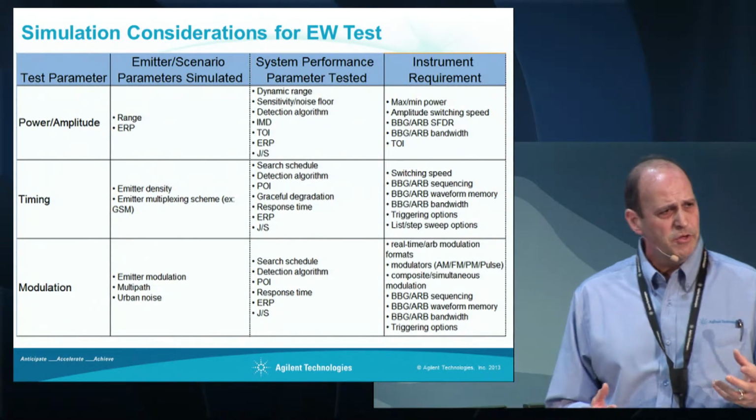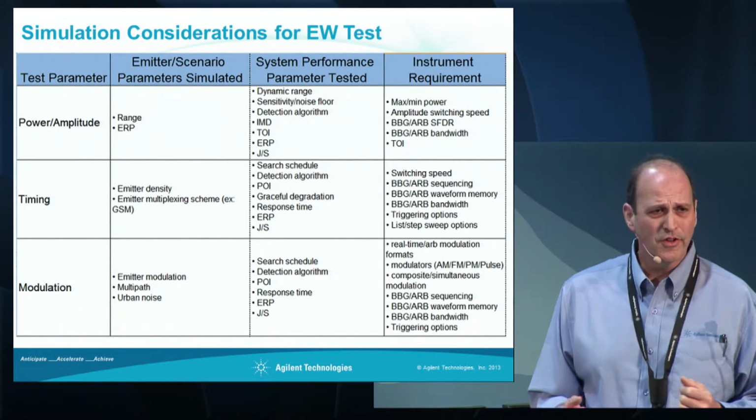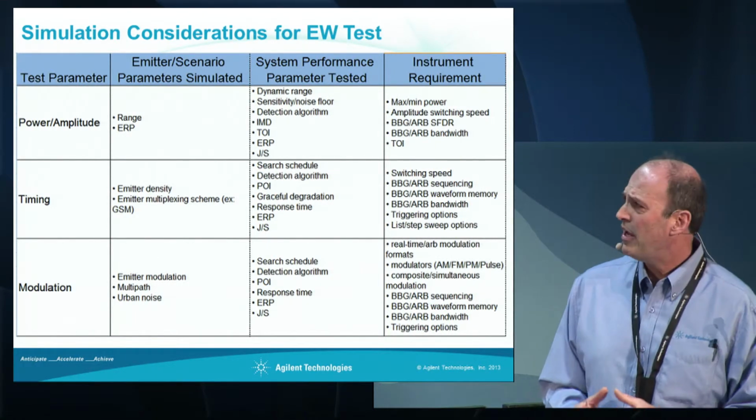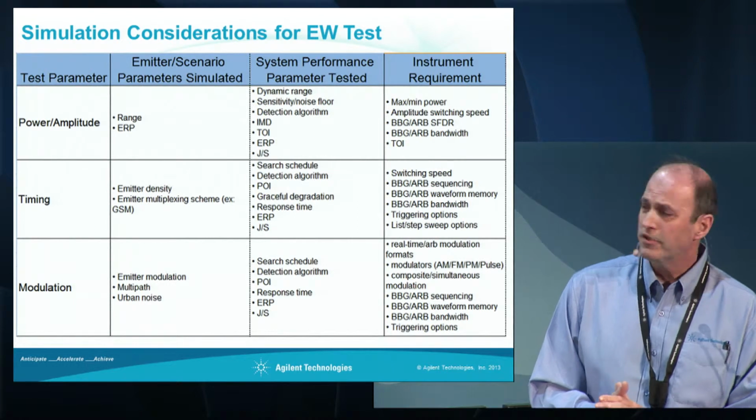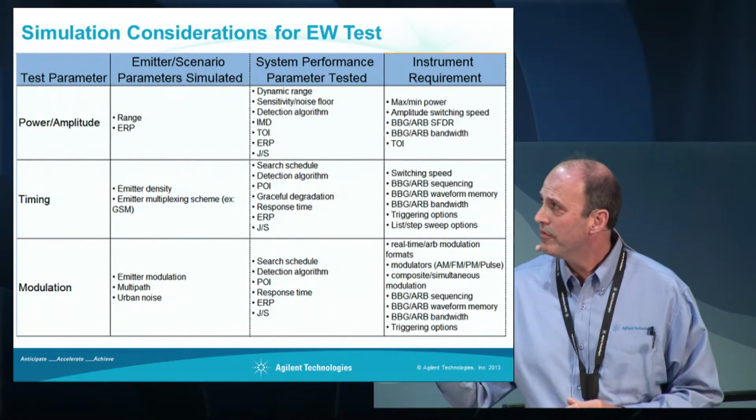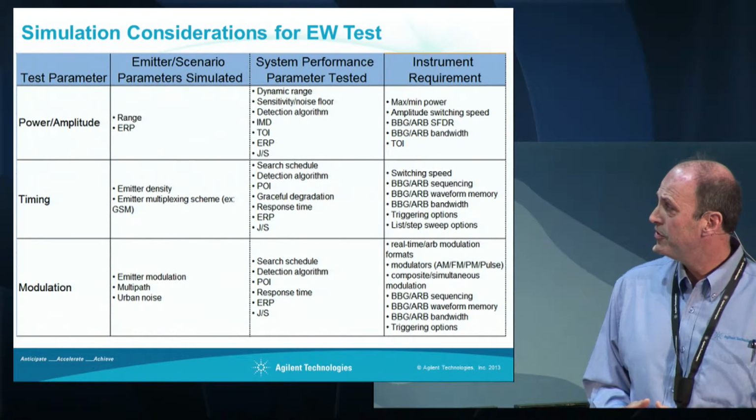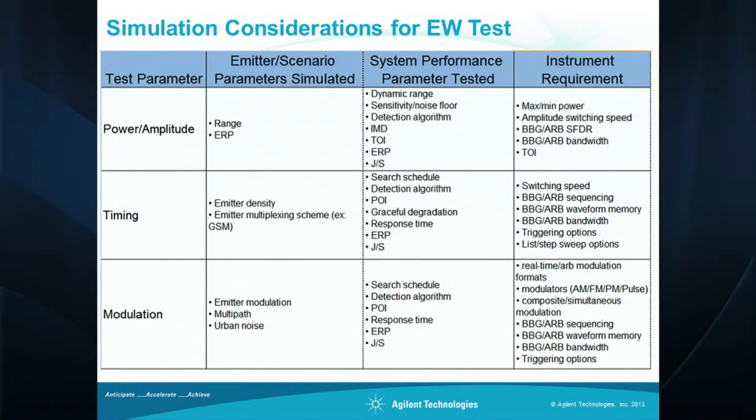So again, for the EW engineer who's designing the system, there's three main or broad categories we have to be concerned with. We have power and amplitude issues, timing issues, and modulation issues. Each one of those has certain implications.